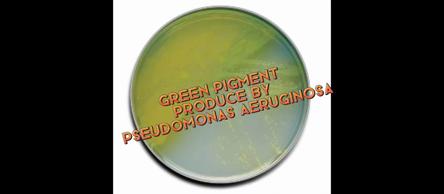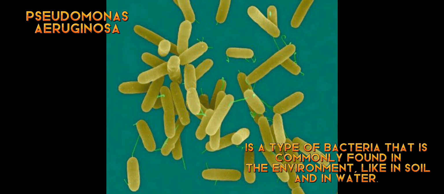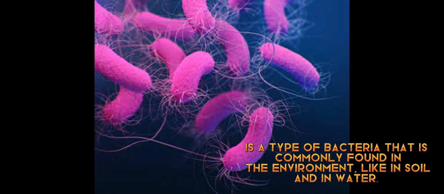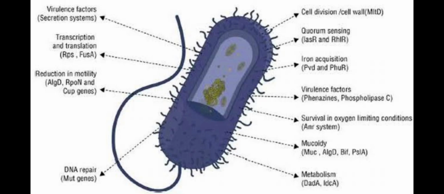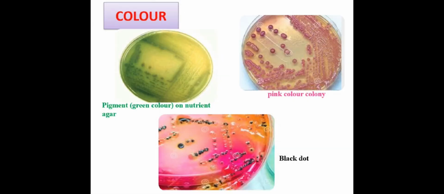This is what Pseudomonas aeruginosa looks like in an agar plate. Pseudomonas aeruginosa most often causes infections in humans, in the blood, in the lungs, or other parts of the body after surgery. Here are some examples of colony pigmentation.